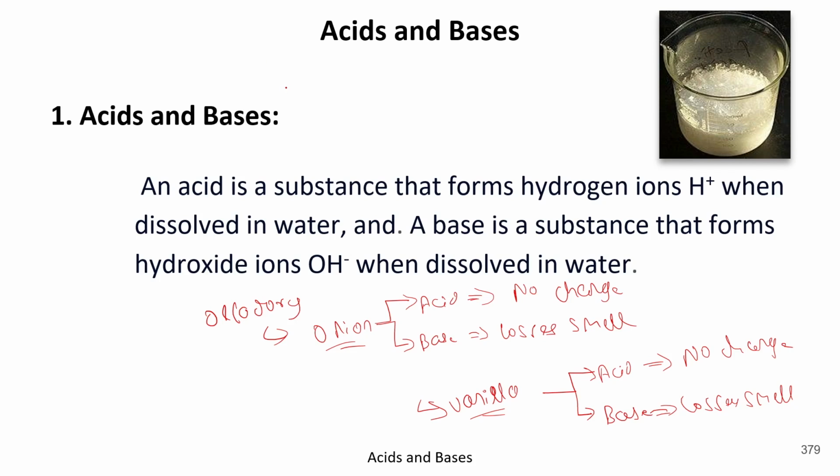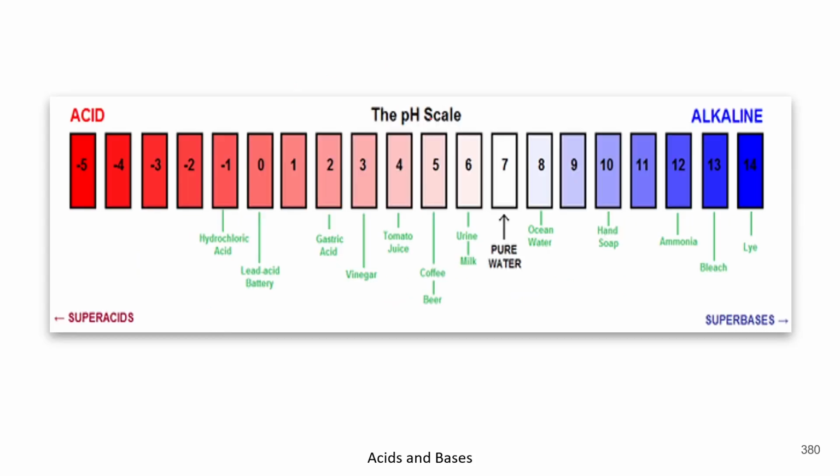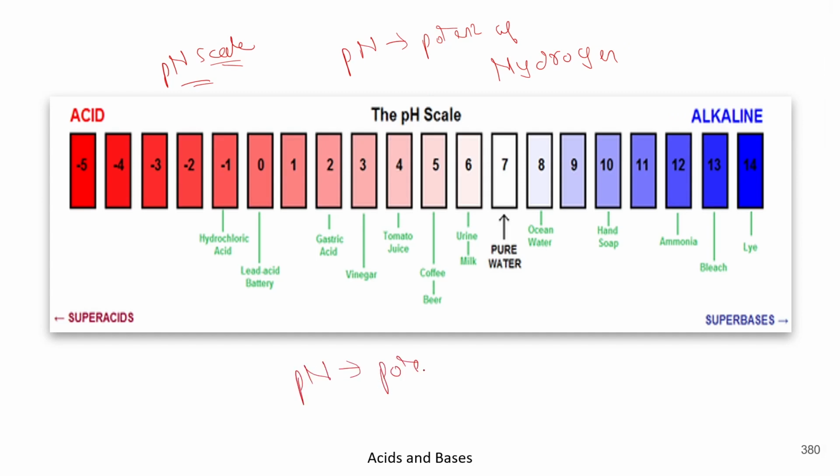Now let's come to the artificial indicators. So this is our artificial indicator, which is known as the pH scale, where pH stands for potential of hydrogen.